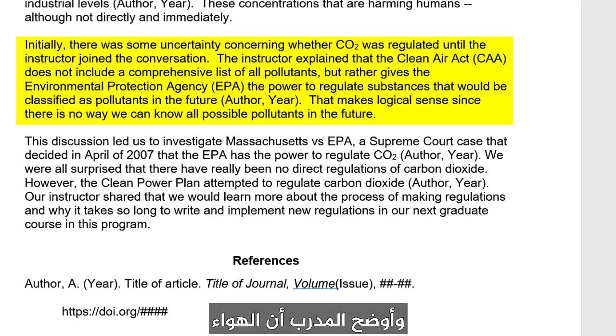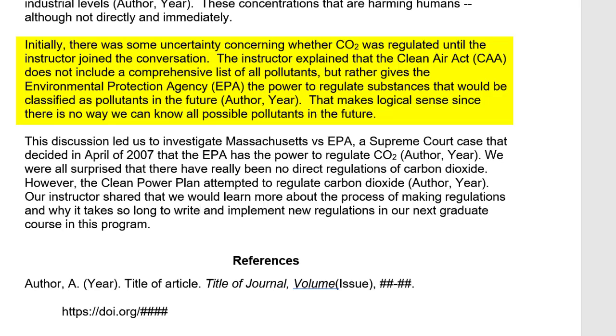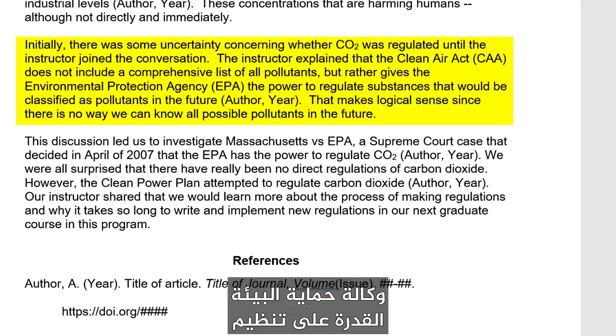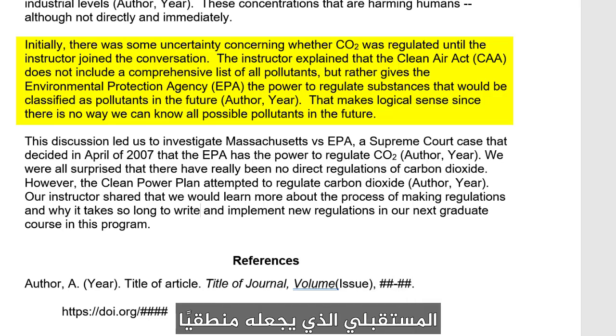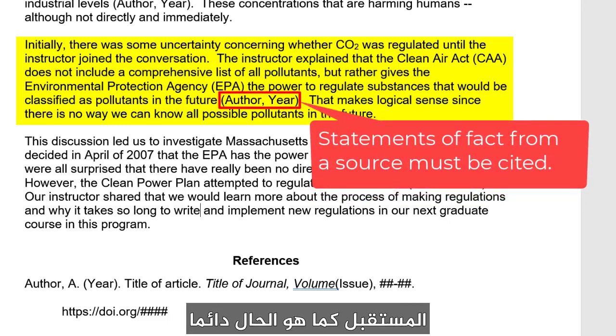The instructor explained that the Clean Air Act, CAA, does not include a comprehensive list of all pollutants, but rather gives the Environmental Protection Agency, EPA, the power to regulate substances that would be classified as pollutants in the future. Citation, author year. That makes logical sense, since there's no way we can know all possible pollutants in the future. As always, material statements of fact must be cited.